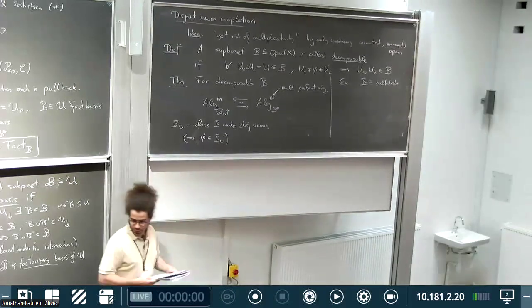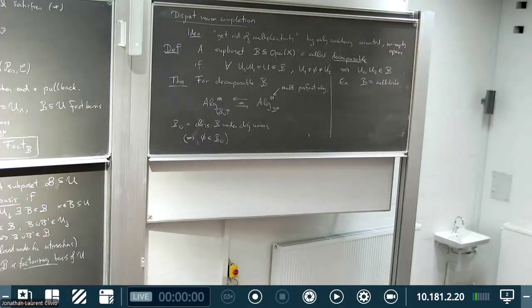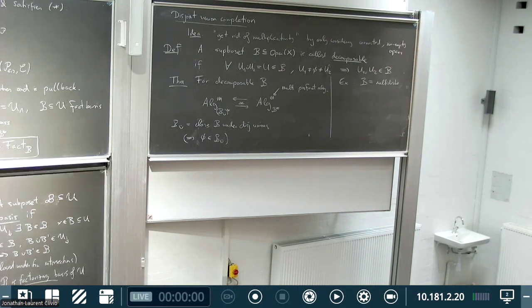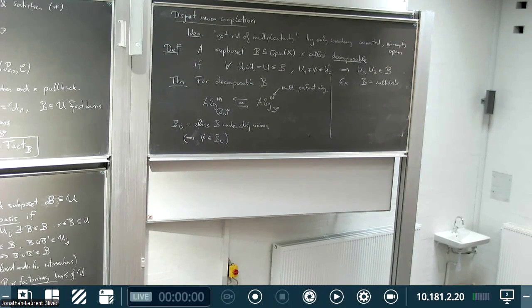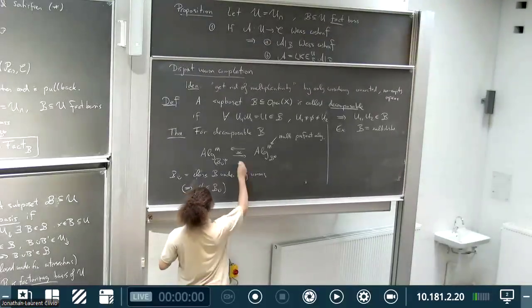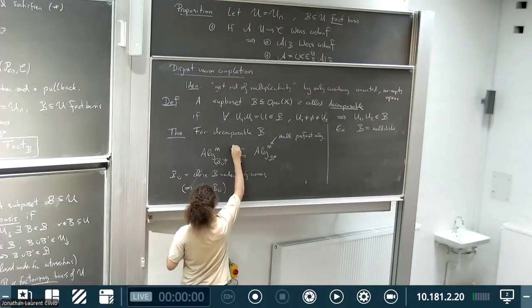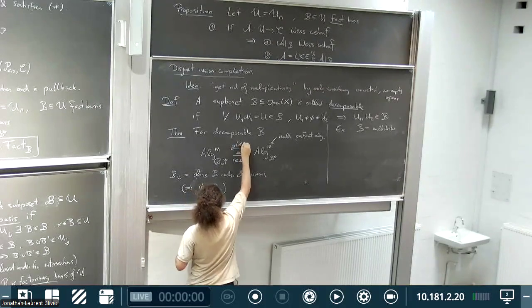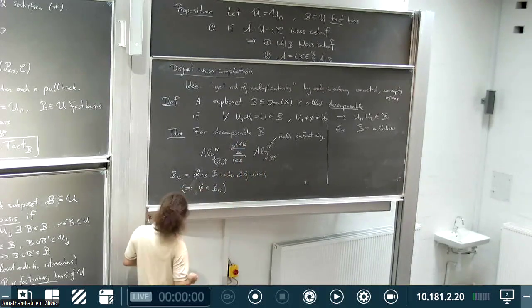So I will not give a proof of this theorem. I will only illustrate one specific case, which is the trivial one. I'm sorry, I didn't say what the equivalence is. The equivalence is given by the operadic extension. So here we just have restriction, and here you have operadic left Kan extension from this operad to this operad.